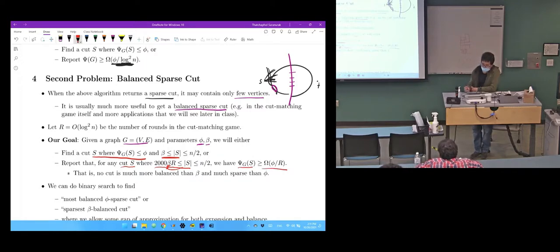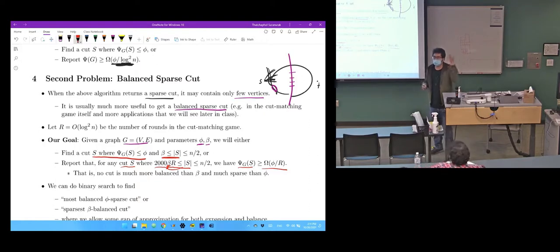Think of it as checking whether there is any cut sparser than phi which is as balanced as beta, but there is some gap in this guarantee in both sparsity and balancedness.